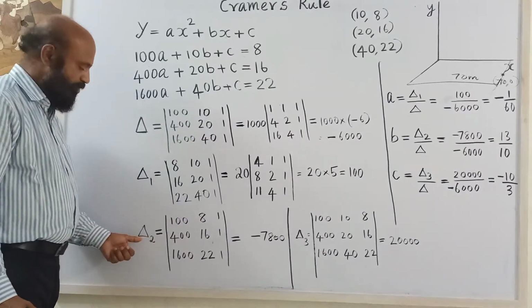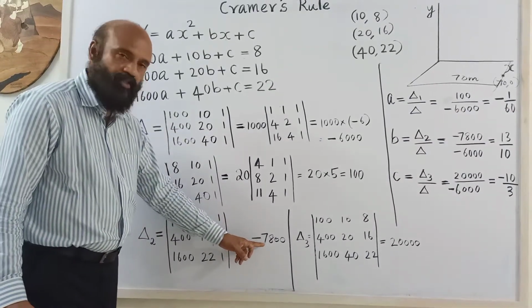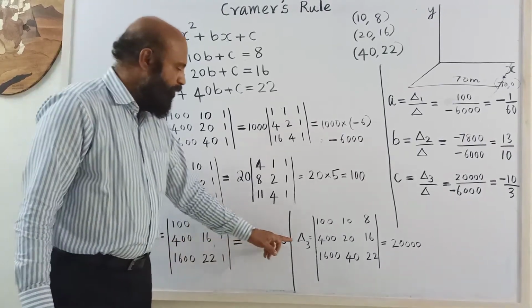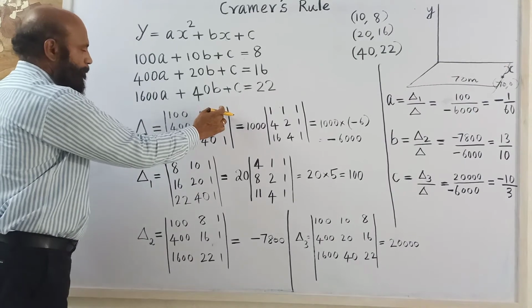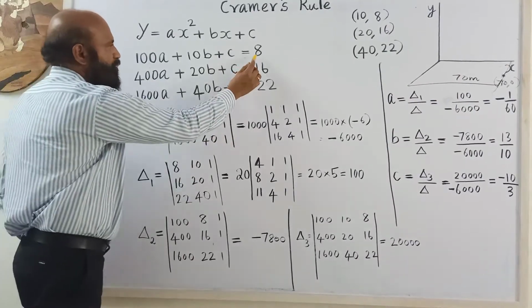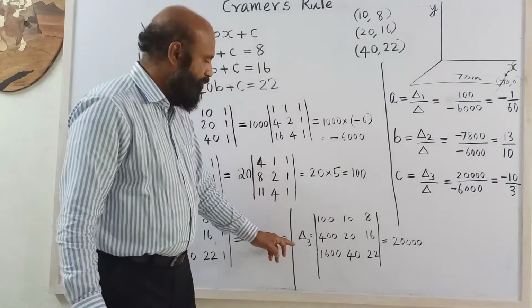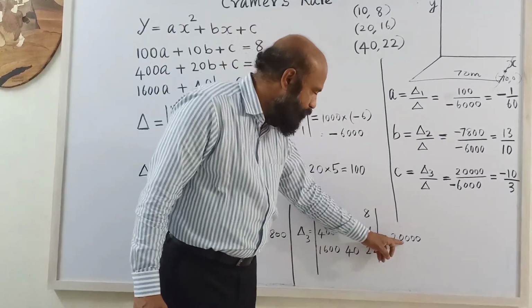You find the determinant of this. It is minus 7800. Then for getting delta 3, this column is to be replaced by 8, 16, 22. If you find the determinant, it is 20,000.